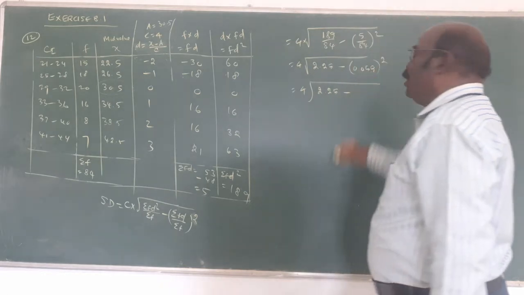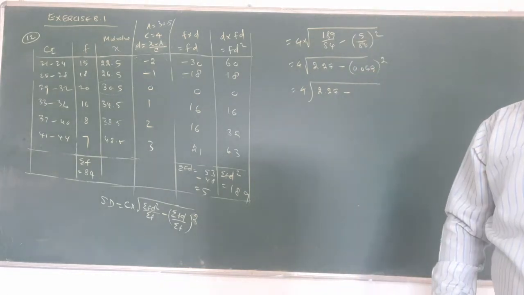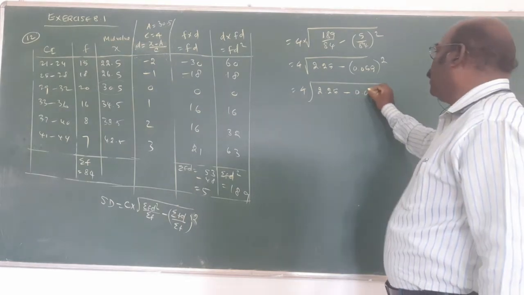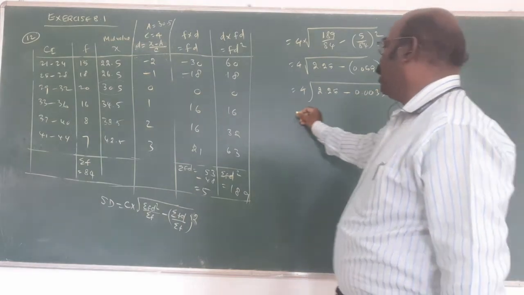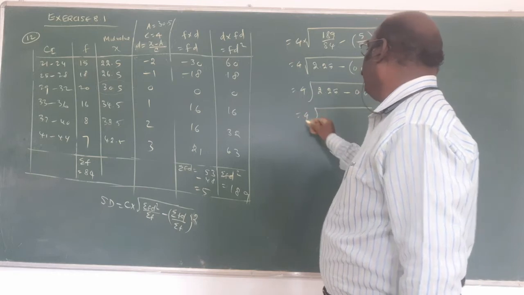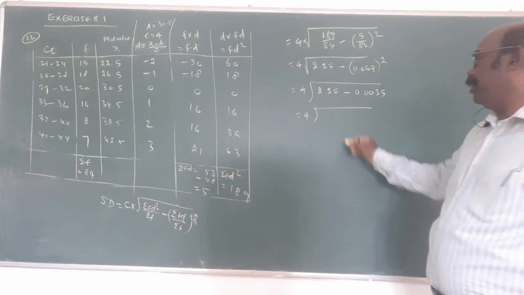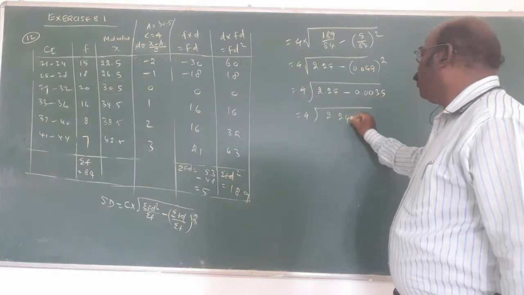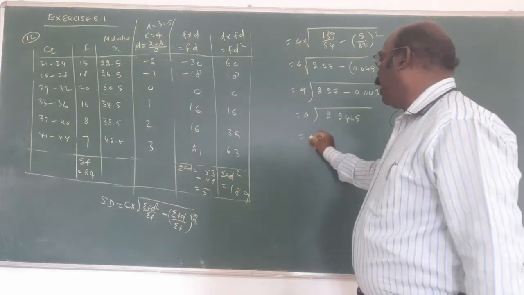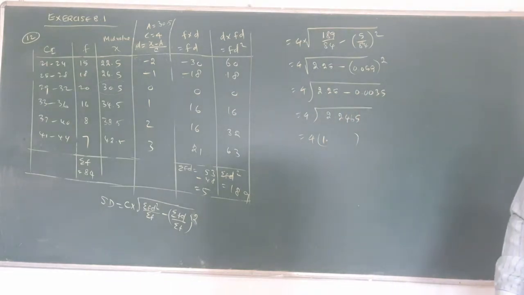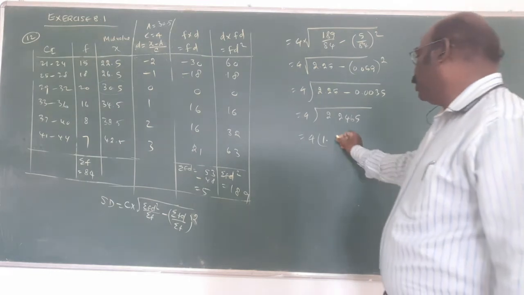Now squaring: 0.059 into 0.059 is 0.0035. Now subtract both. We get the answer 2.2465. Now square root of this one is 1.498.